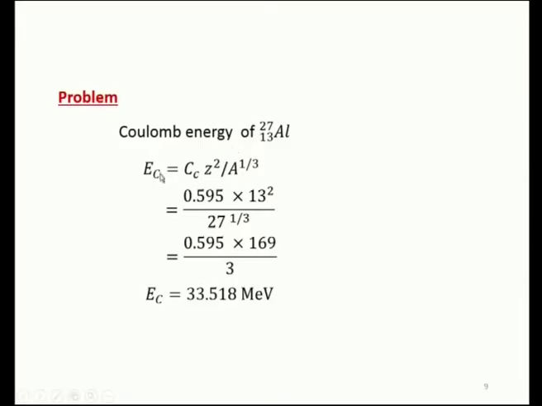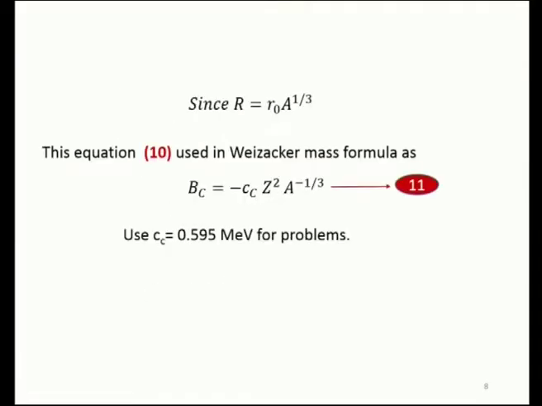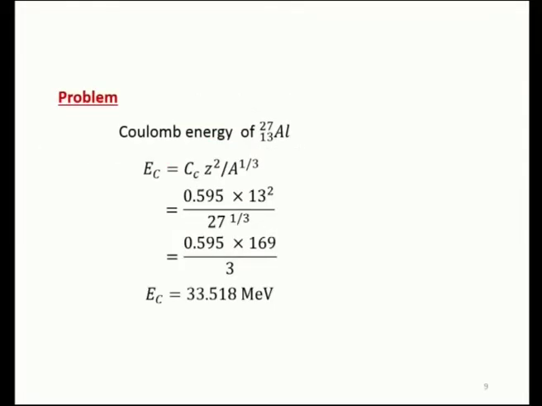Already we have written Ec is equal to Cc Z squared A to the power 1 by 3, and this Cc is 0.595, as we saw previously. Substituting, 13 squared is 169, and the cube root of 27 is 3.